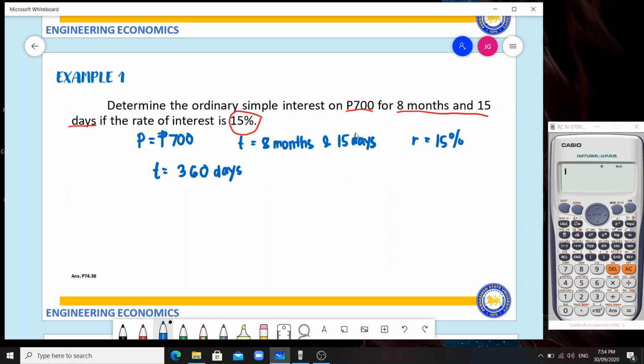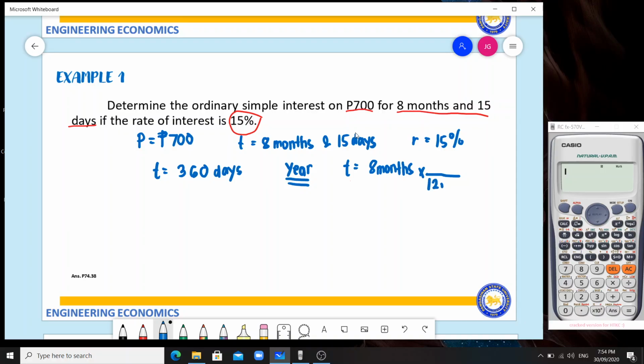Now, diba ang sabi natin sa time, ang unit niya dapat ay year. Kaso, ang given natin is 8 months and 15 days. So, how do we do it? Siyempre, let's convert. Okay? Yung 8 months, convert natin ng year. 8 months times, para makancel si months, ilan ba ang months sa isang taon?